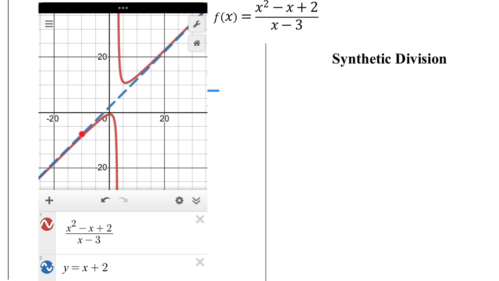Notice how it's getting close to that slant asymptote, but its end behavior as I go to negative infinity, it's going down, down, down forever, so it still goes down to negative infinity. It just never passes that line as it heads that way. Same thing up here. As x goes to the right, it goes up to positive infinity.